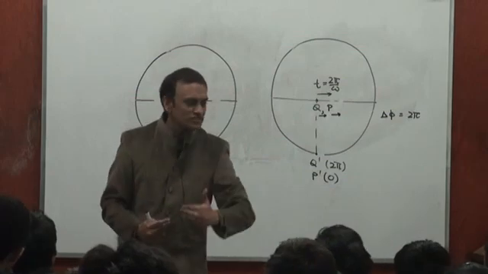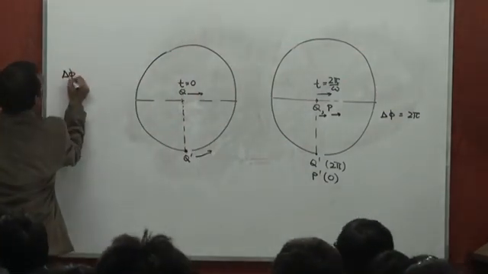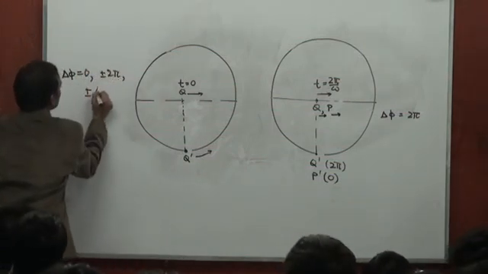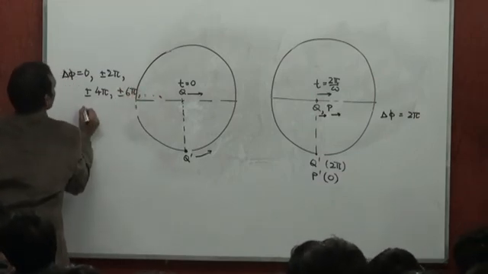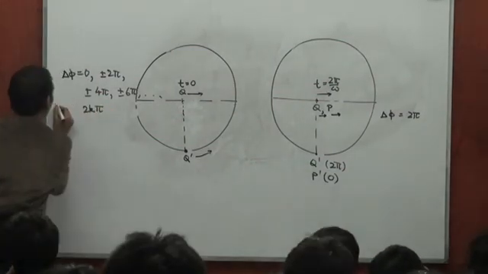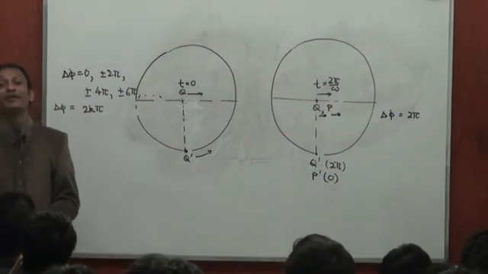It's the same as the phase difference 6 pi. So in general, a phase difference 0 plus minus 2 pi, plus minus 4 pi, plus minus 6 pi, and in general 2k pi, a phase difference 2k pi would be identical for any k.